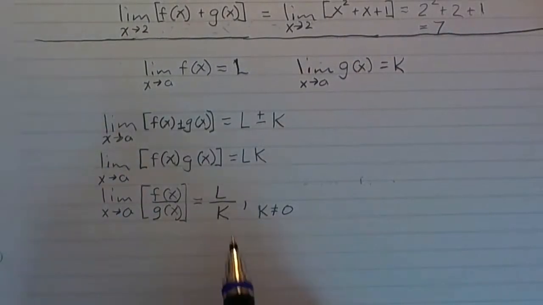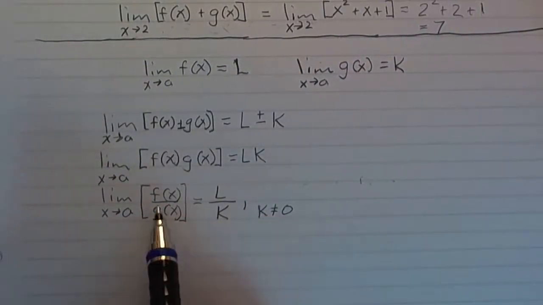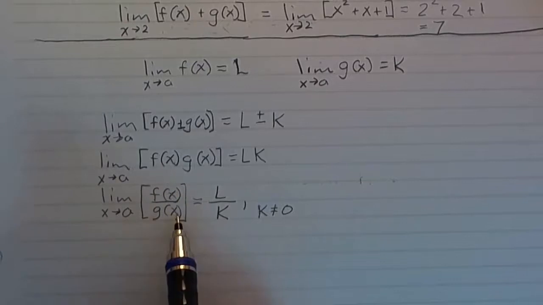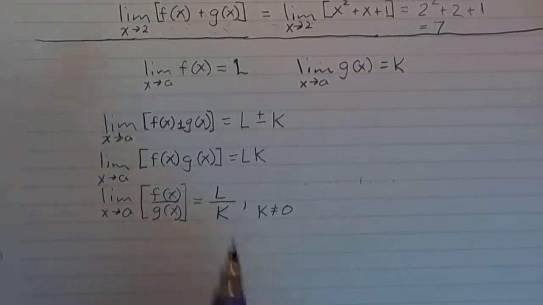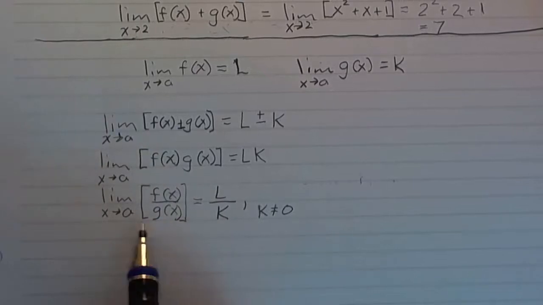So we have to be careful always, because we can't just take the limit of the top over the limit of the bottom if the limit of the bottom is going to be 0. So we really have to watch out and not make that mistake.